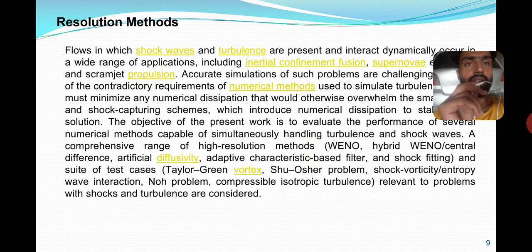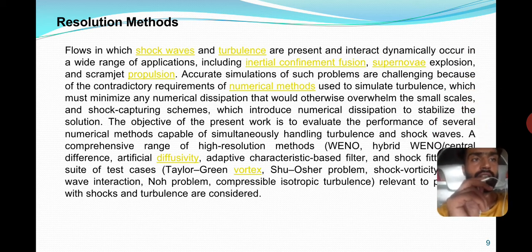Resolution method. Flows in which shock waves and turbulence are present and interact dynamically occur in a wide range of applications, including inertial confinement fusion, supersonic acceleration, and scramjet propulsion.